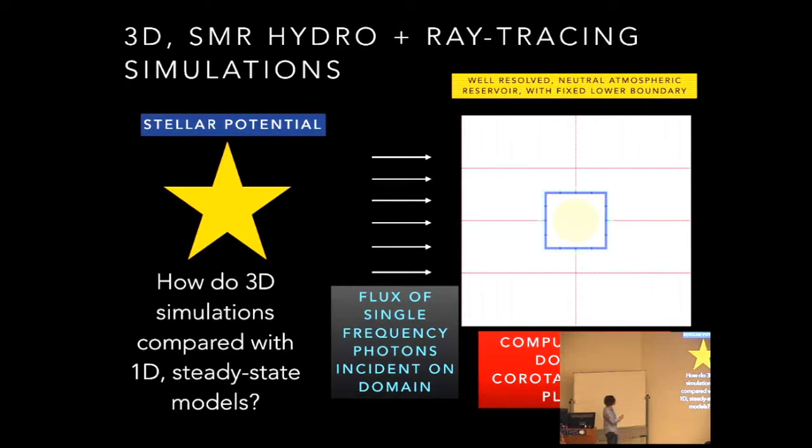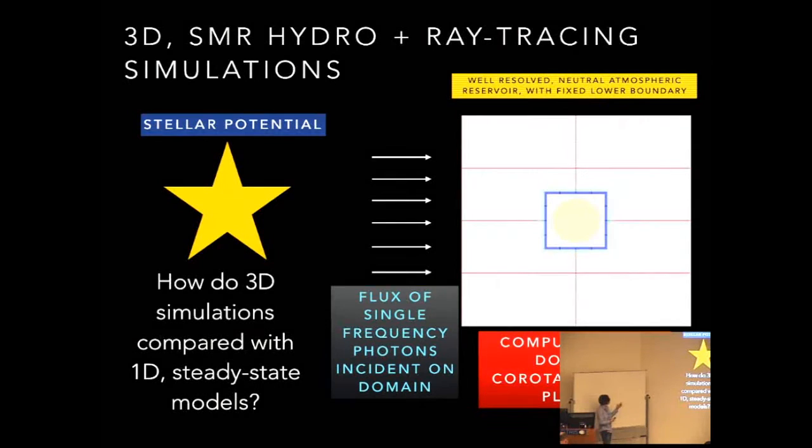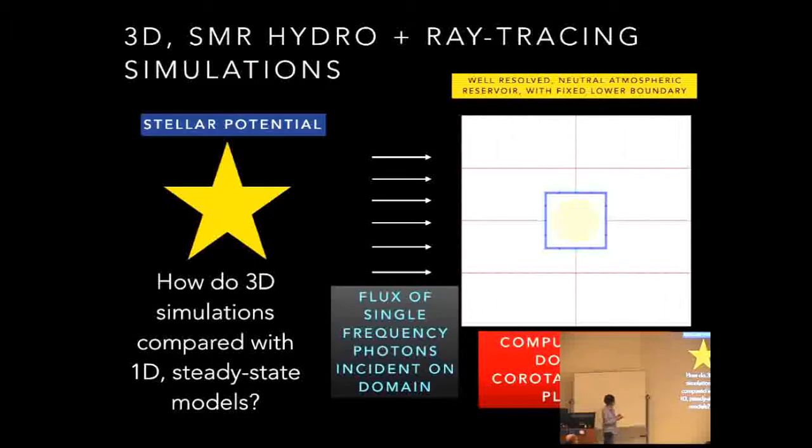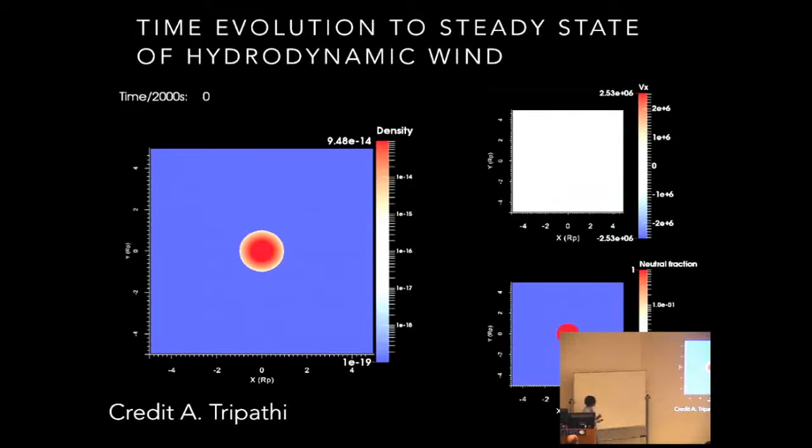And so one thing we can do is start to make comparisons between the 3D simulations and 1D steady state models so we can see where we have deviations between the full results from asymmetric heating and the simple 1D case. So what I'm going to show you now is a movie of this simulation, and the big box here is just showing you density.